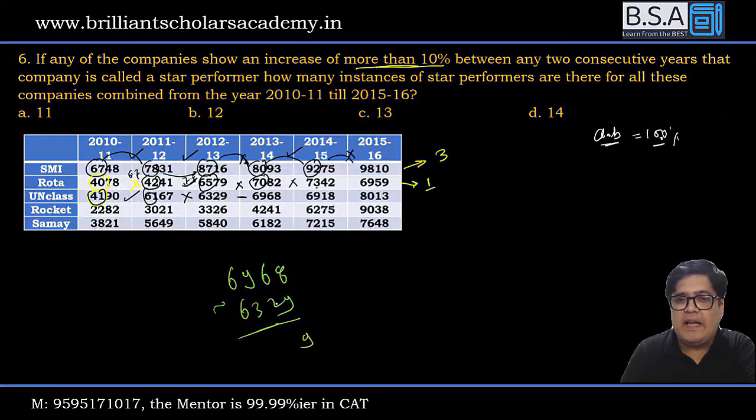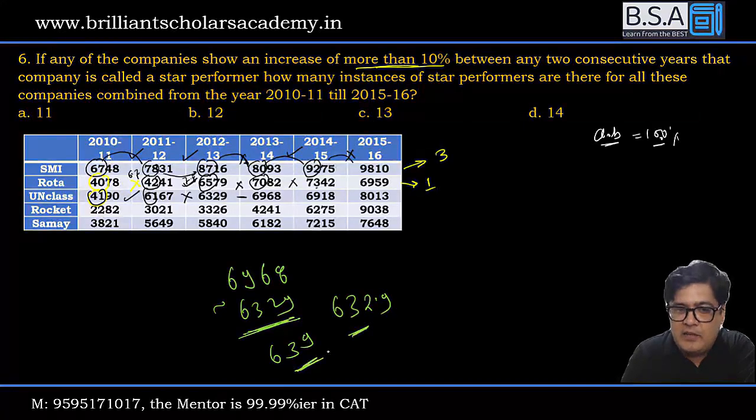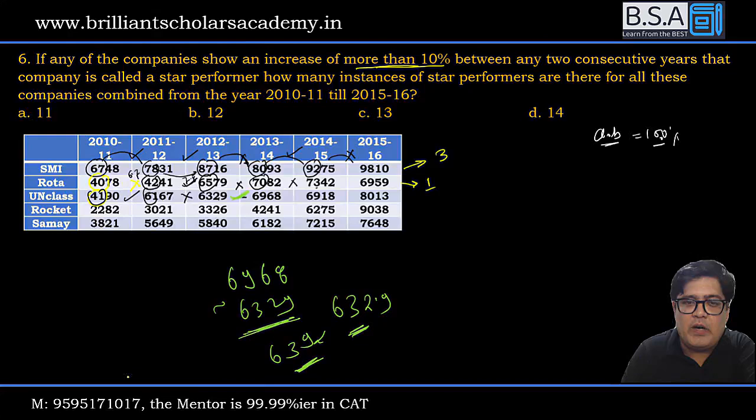So this is 9, this is 5, this is 3, this is 6. What is the 10% value of this? 10% is 632.9. उससे ज्यादा है ना, उससे ज्यादा है ये. So yes, ये भी count होगा. There will be a tick here.